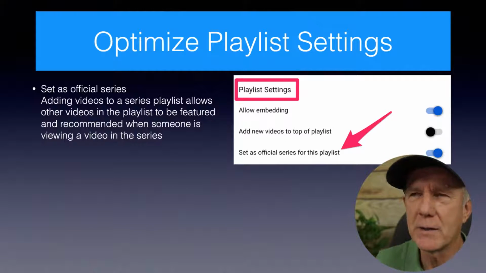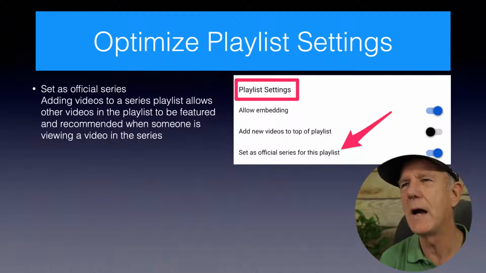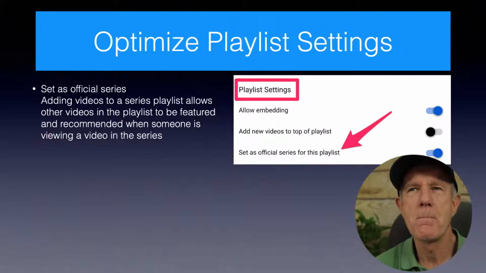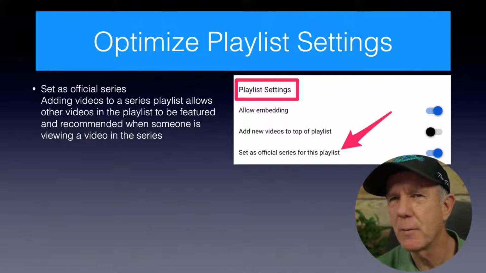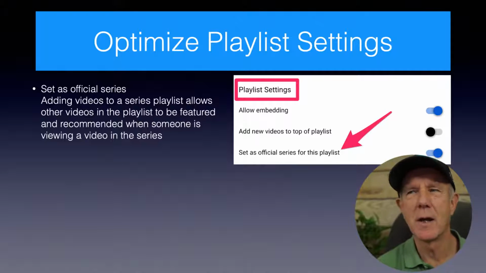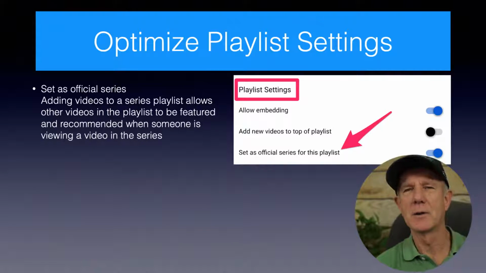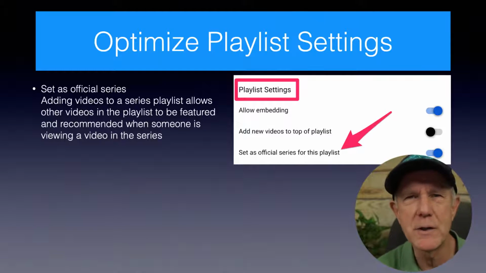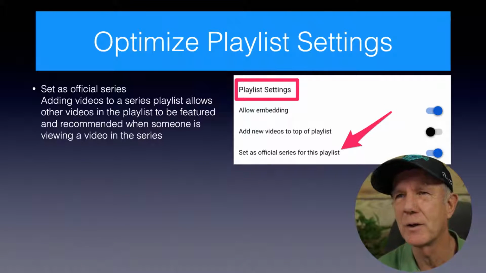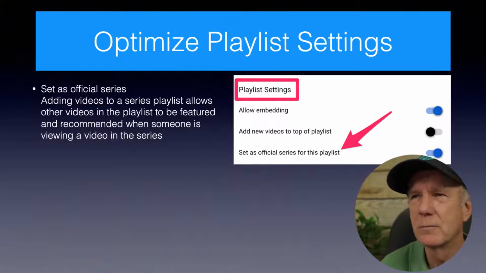I don't know how huge a difference it makes, and I think in the past YouTube has said that they are going to retire that feature, but they still have it, so I recommend using it.